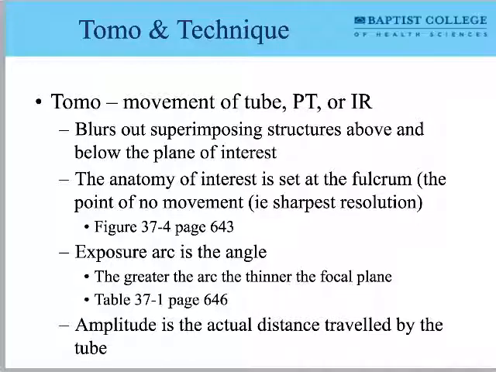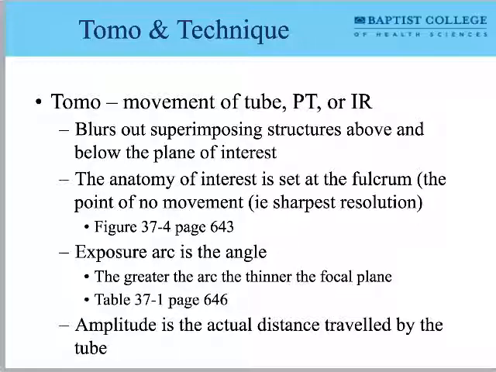And if I just take a straight-on x-ray of this, I'm going to get all of the guts in here. I'm going to get the spine in here. I'm going to get all this junk in there in a straight-on AP image. All of this stuff will be superimposing what I'm interested in, which is the kidneys, okay?